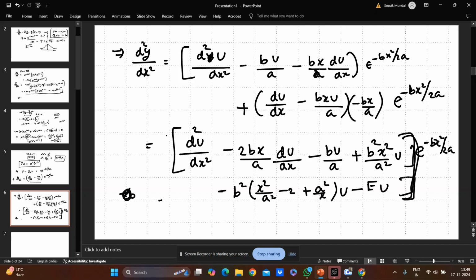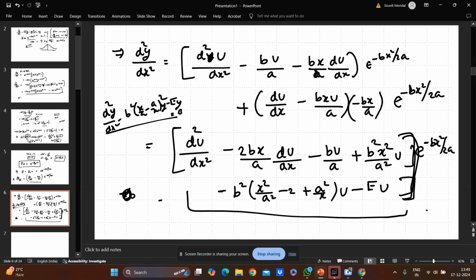So I am basically calculating the differential equation d2y dx2 minus b square into x by a whole square minus e y is equal to 0. So I am writing this differential equation here, and this is equal to 0.